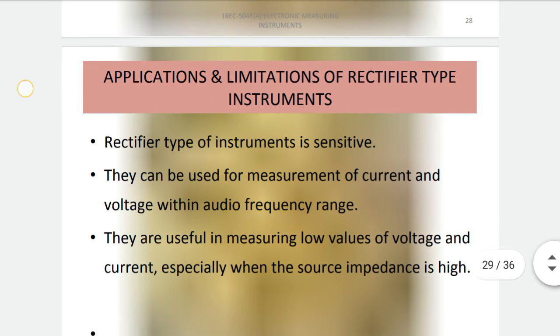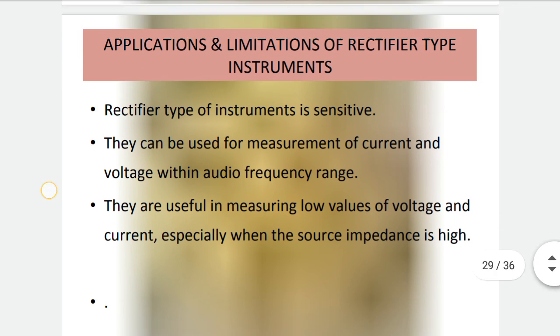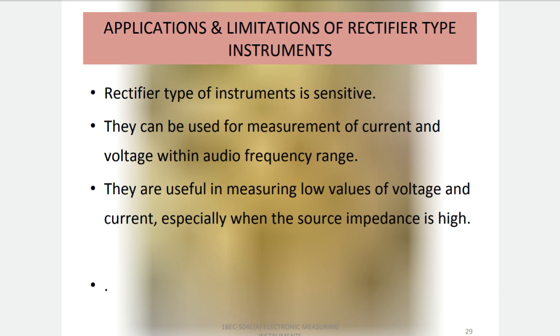Now coming to the limitations and applications of the rectifier type instruments. They are sensitive. They can be used for measurements of current and voltage within the audio frequency range. They are useful in measuring low values of voltage and current, especially when the source impedance is high.